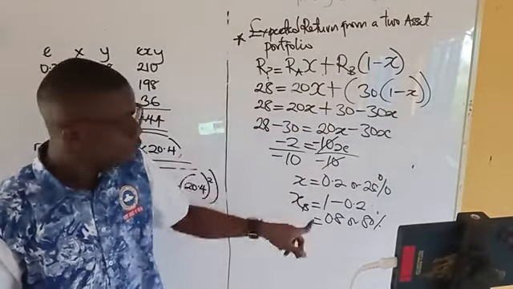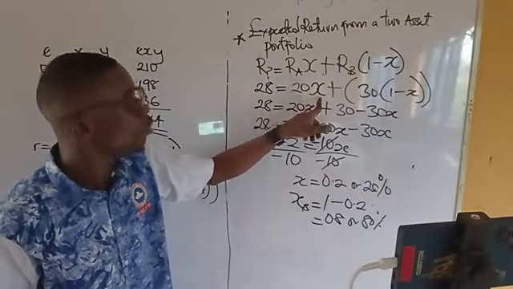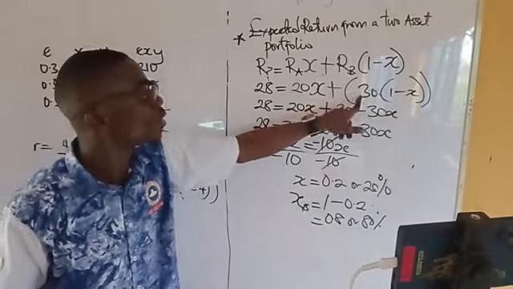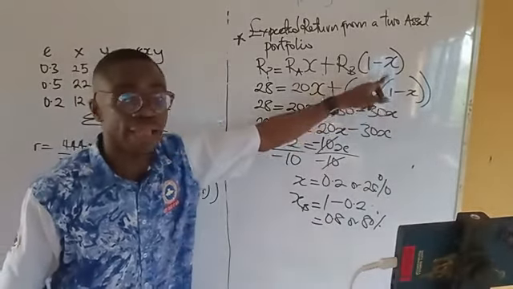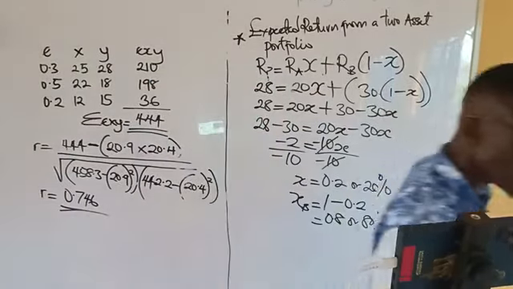Are we together now? If you put 20 times 0.2 plus 30 times 0.80, you will get 28.